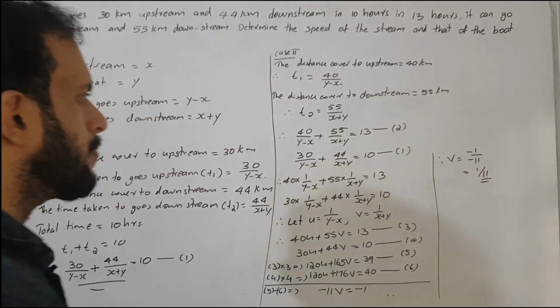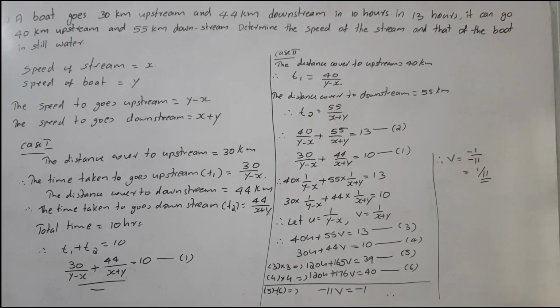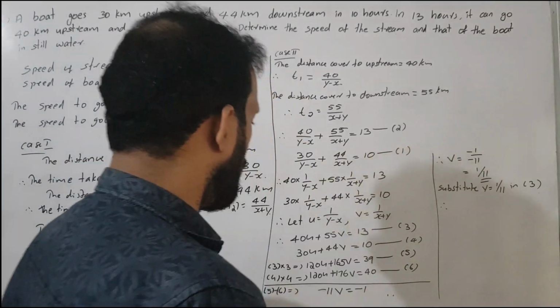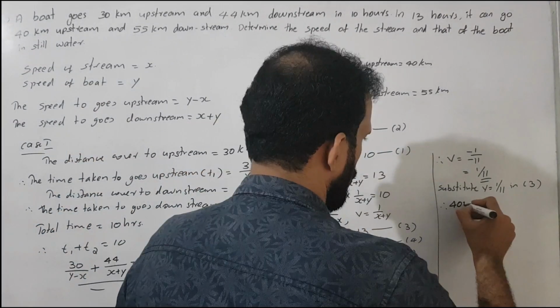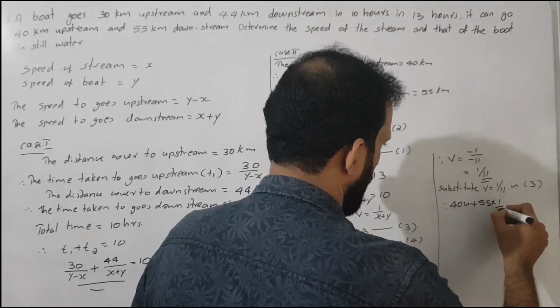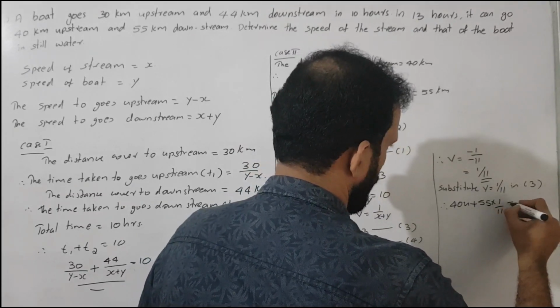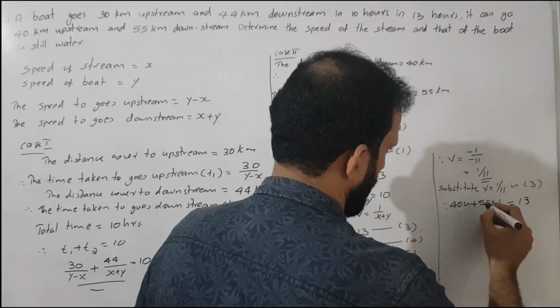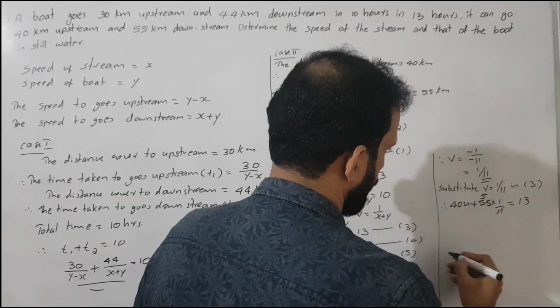So next we substitute the value of v in an equation. I am substituting in equation 3. Therefore, 40u plus 55 into 1 by 11 is equal to 13. Then we cancel 11, so 5.